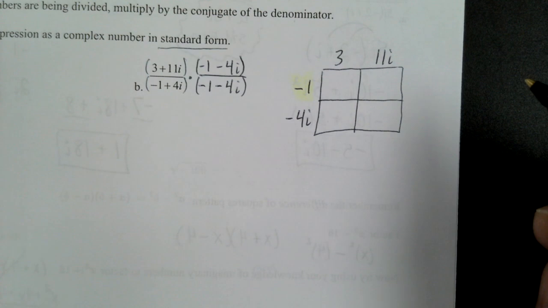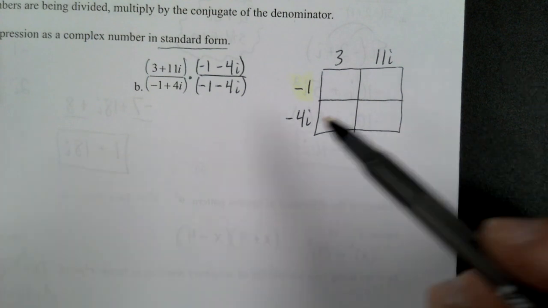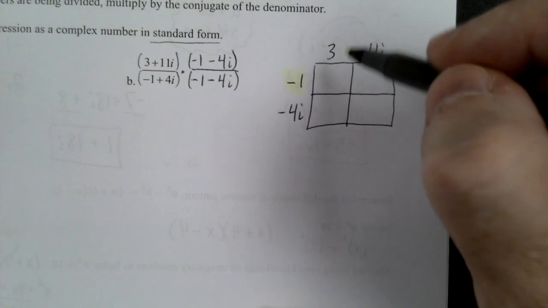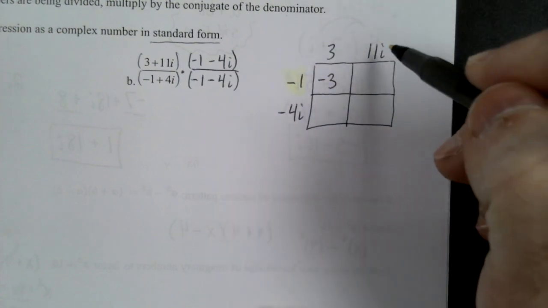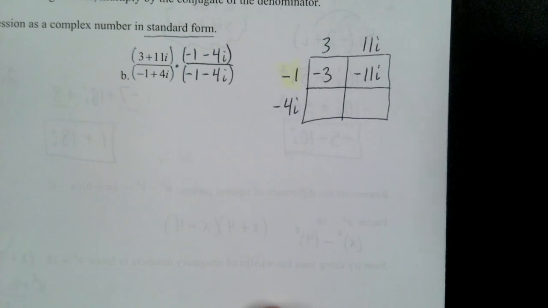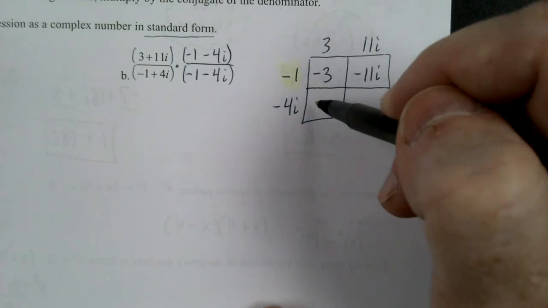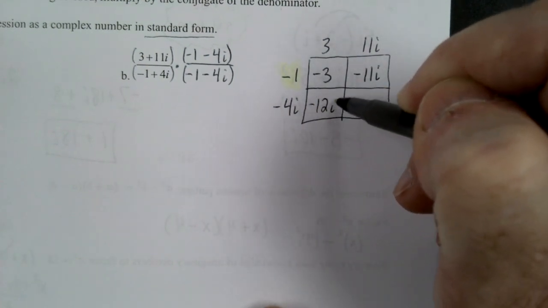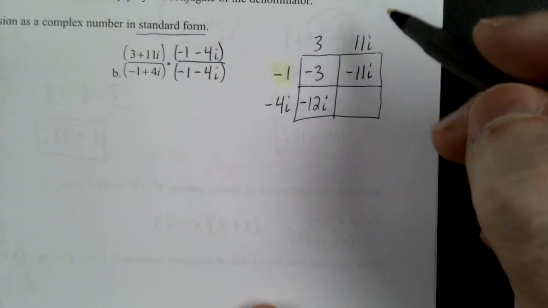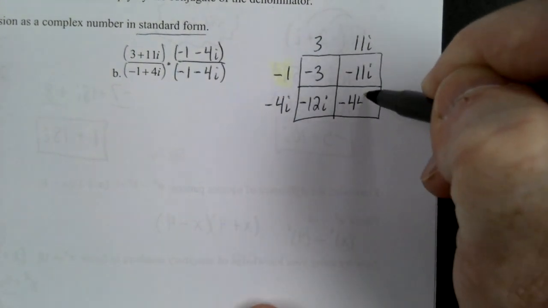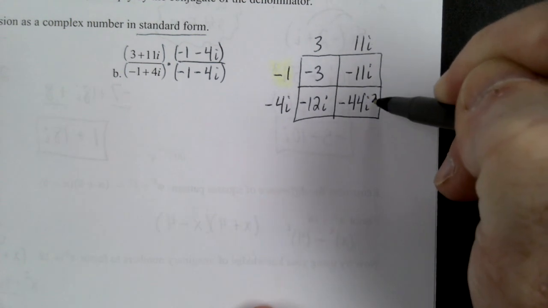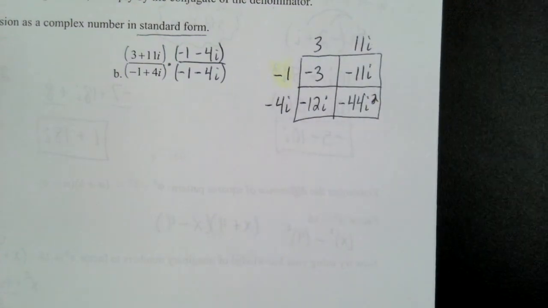Now the bottom should simplify down to like one number, but the top might be a little more complex. 3 times negative 1, 11i times negative 1, that's just going to change the sign. 3 times negative 4i, negative 12i. Negative 4 times 11 is negative 44, and then we have those two i's, i squared.